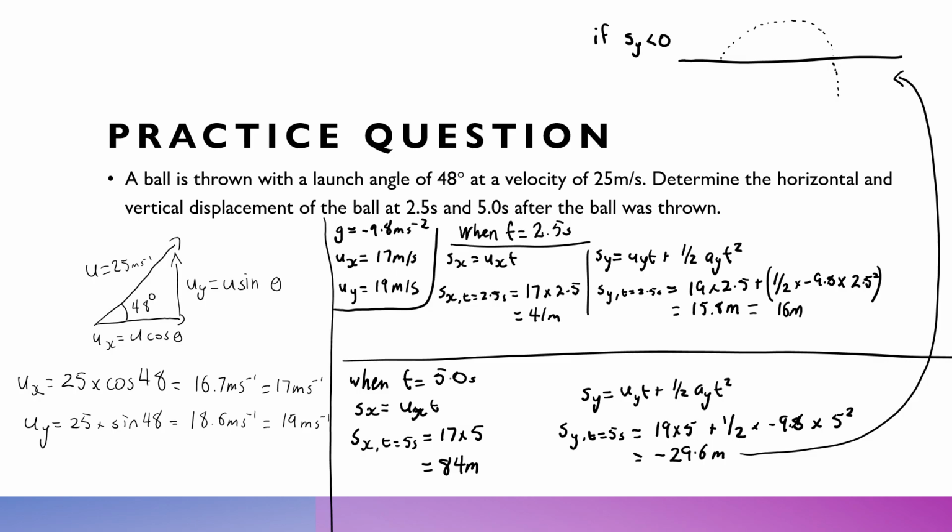If the object was launched at the ground, what that means is the object has gone underground. In a realistic sense, this isn't really possible. What this suggests is that 5 seconds is greater than the time of flight. And therefore, as a result, these two displacements are not legitimate, as the projectile will never actually get to these positions at all. This concept is something that we will look at in further detail in class.